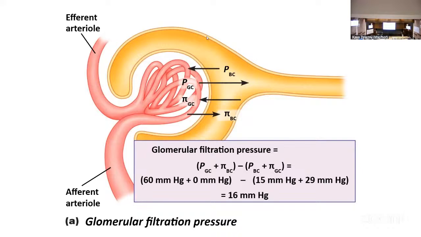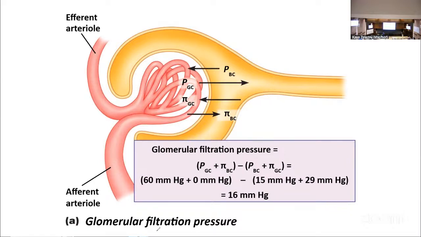Okay, so to find our typical glomerular filtration pressure, this is kind of our baseline expected textbook number. We're taking that hydrostatic pressure of the glomerular capillary and adding that pull from Bowman's capsule, which is usually zero. So we add together our hydrostatic pressure of the glomerular capillary and our oncotic pressure of Bowman's capsule.